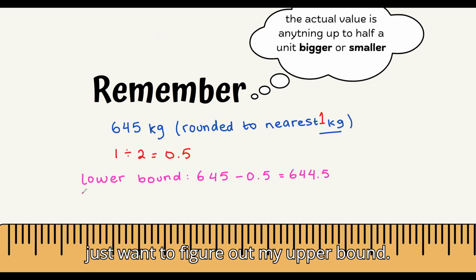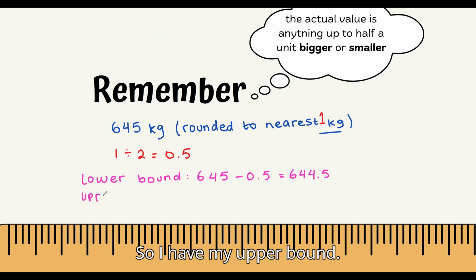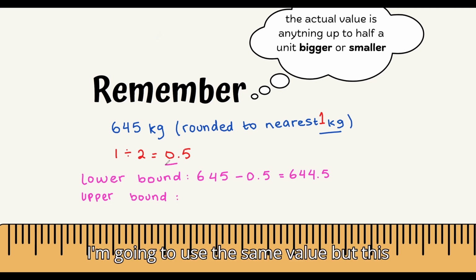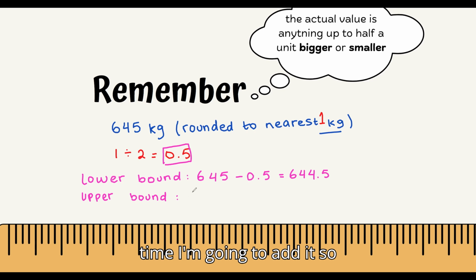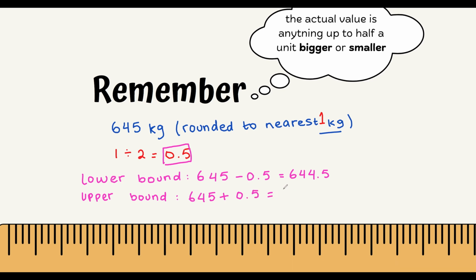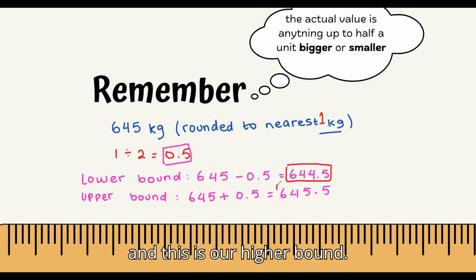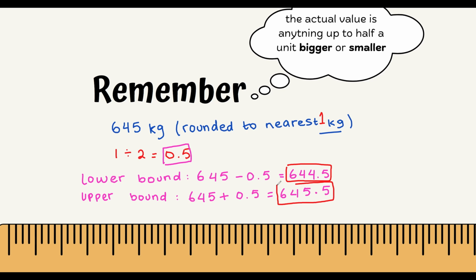Now if I want to figure out my upper bound, I'm going to use the same value, but this time I'm going to add it. So 645 plus 0.5 equals 645.5. So that shows us that this is our lower bound and this is our upper bound.